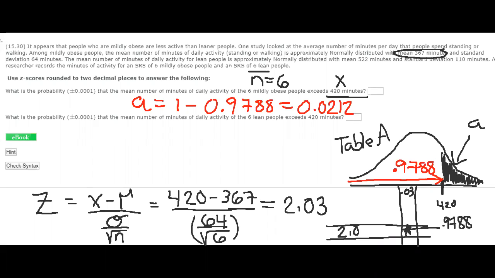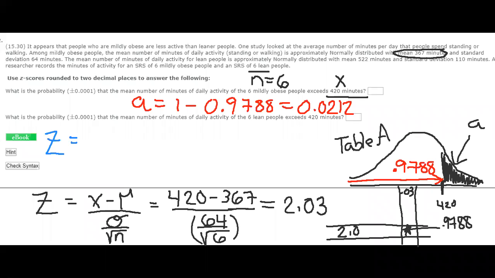All right, and the same sort of thing applies to the second problem. What is the probability that the mean number of minutes of daily activity of the 6 lean people exceeds 420 minutes? Same picture, same table, same Z formula, but different numbers, right?